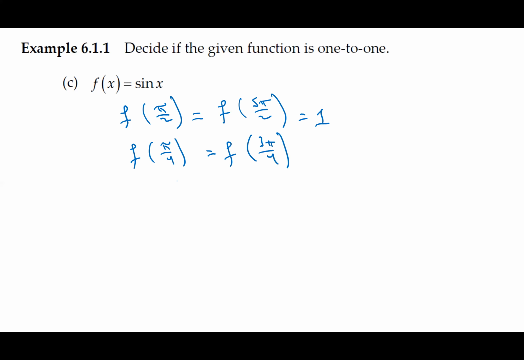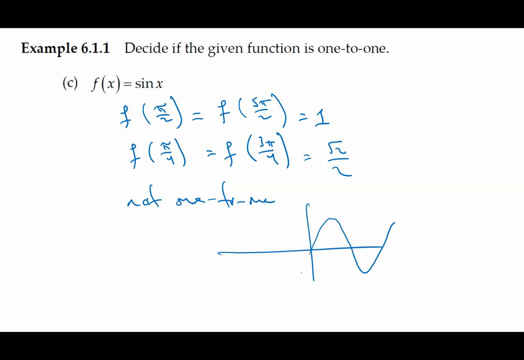Different inputs, same output. So here, again, not 1 to 1. And of course, we also know the graph. We know that sine does this, and so we can find lots of inputs that give the same output.